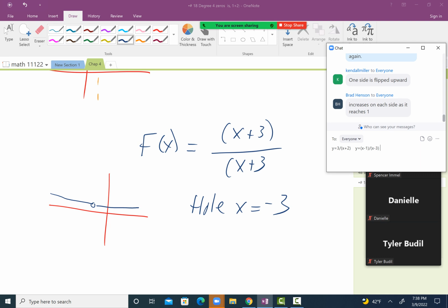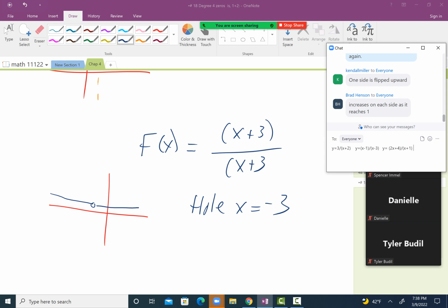Okay. I also want you to look at y equals 2x plus 4 in parentheses, and I'm putting these in the chat so you guys will get a chance to see them. X, let's go with a plus 1.